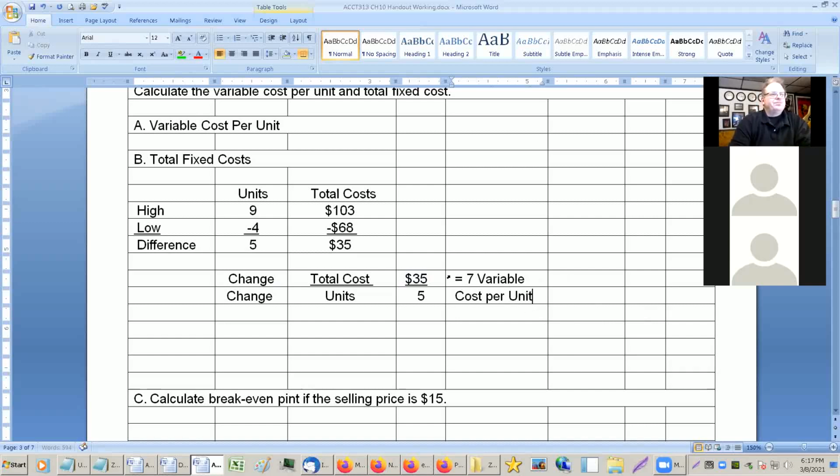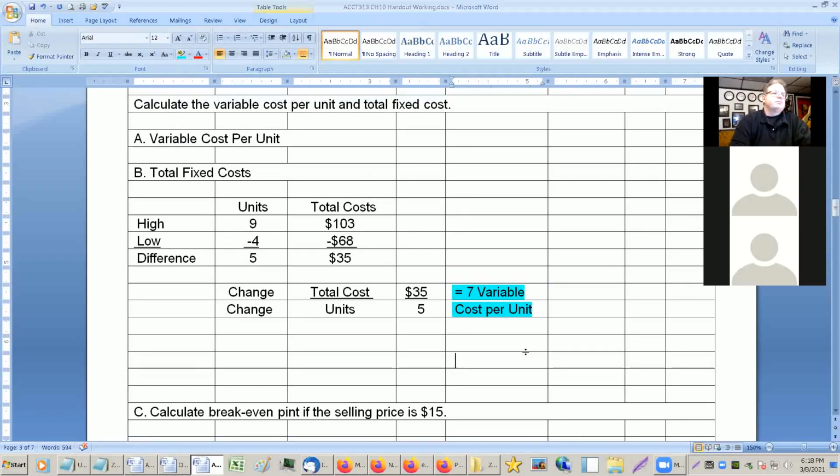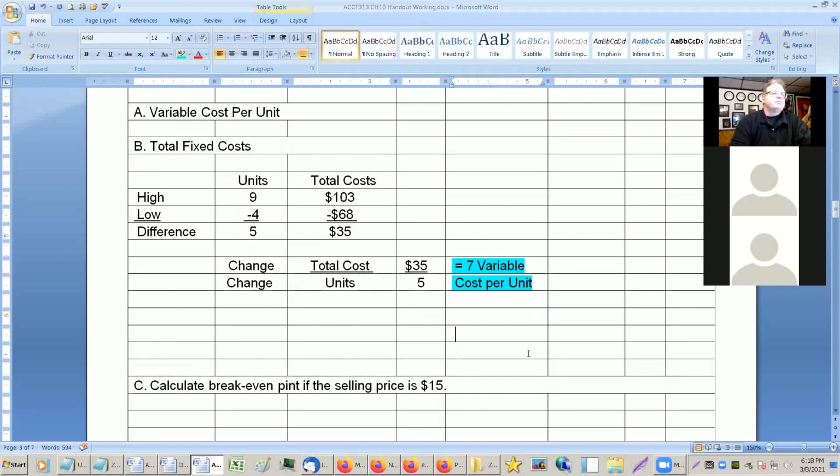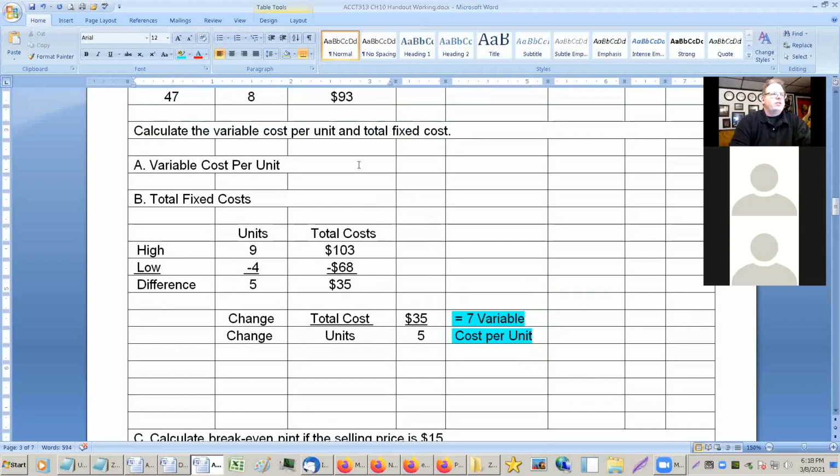Variable cost per unit. So the variable cost per unit would be $7.